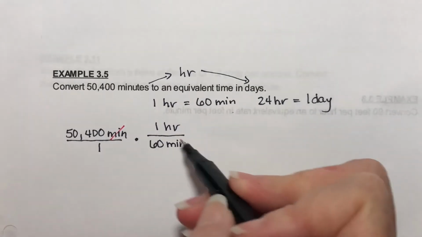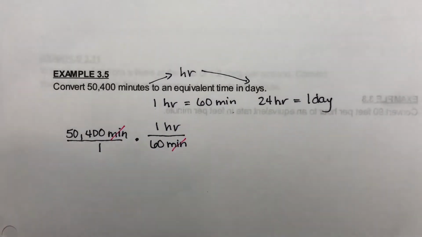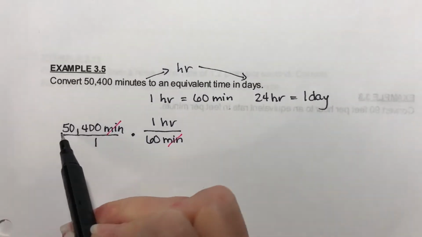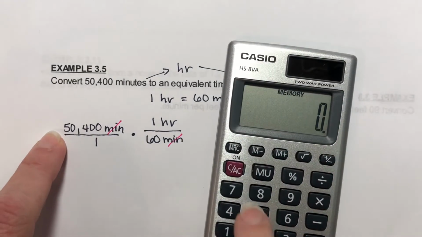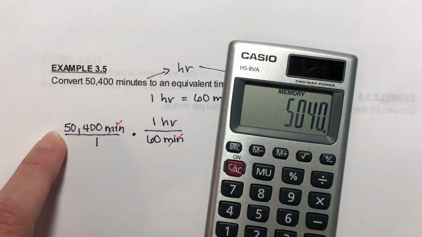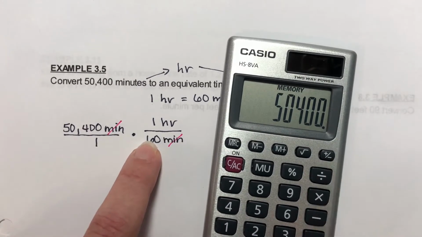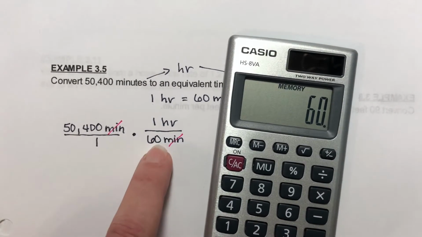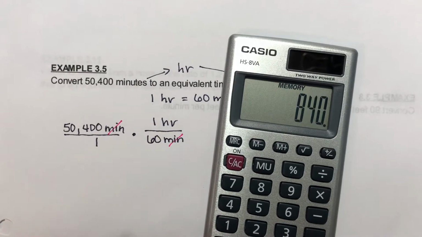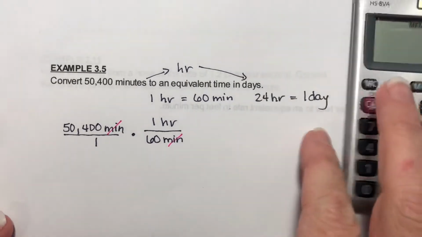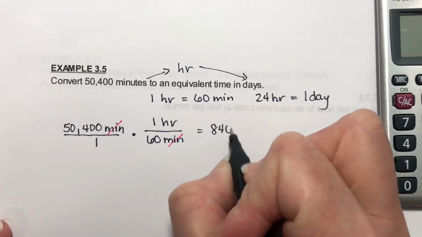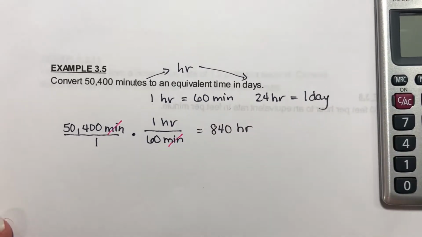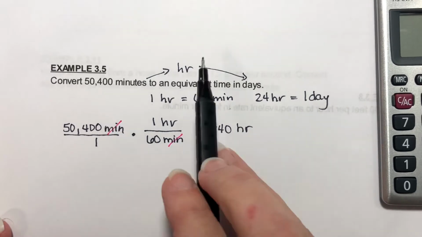Now the minutes cancel out the way I want to, and when I multiply across, it's going to be 50,400 divided by 60, or you can think of it as reducing the fraction this way as well, and I get 840. Okay, so this is equal to 840 hours. So I'm halfway there. I've taken this to go to hours.